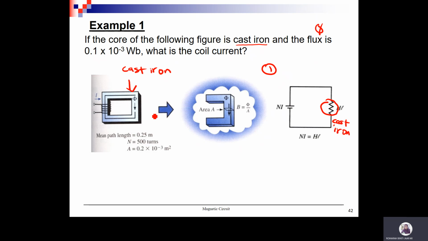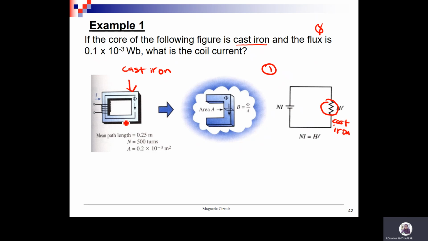Okay, so if the magnetic circuit has other materials, for example a cast iron section and another section for sheet steel, then for sheet steel you have to add one more resistor. So you have HL for sheet steel.